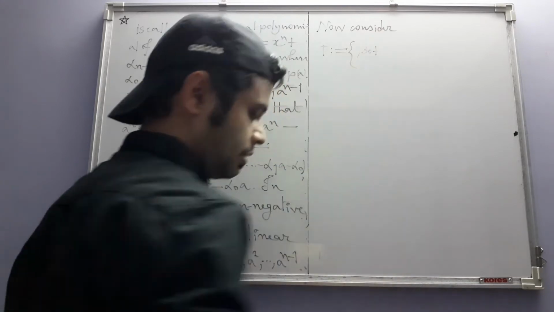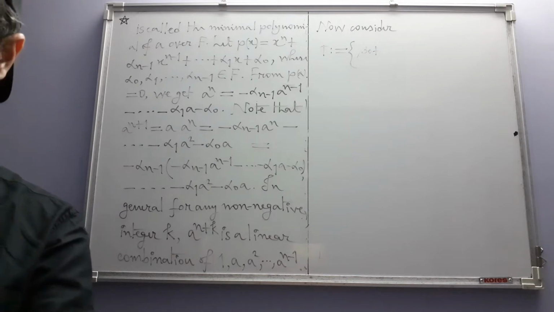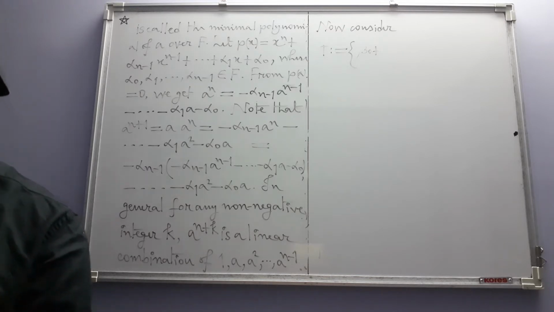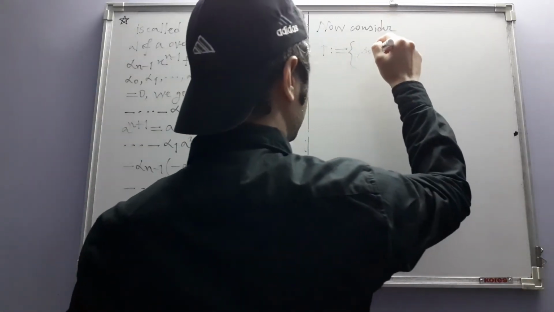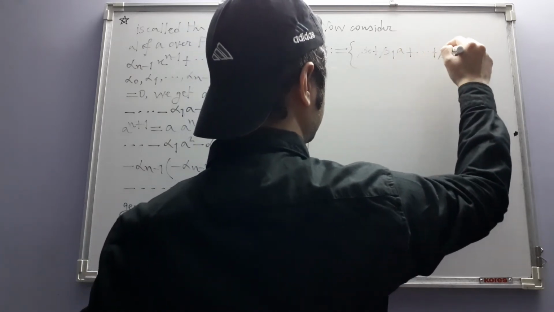Beta naught plus beta 1 A plus beta n minus 1 A to the power n minus 1.